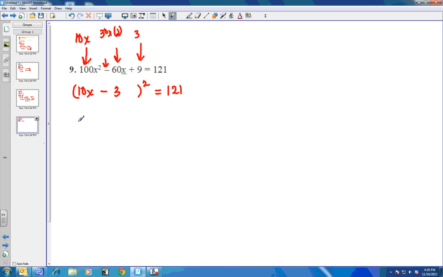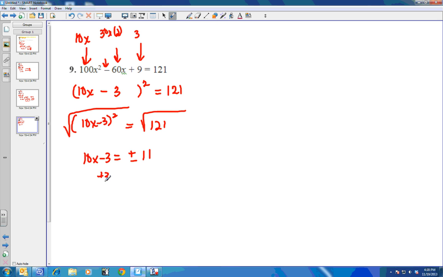So to solve, I'm going to take the square root of both sides. So I have 10x minus 3 equals plus or minus 11. And now I'm going to solve by adding 3 to both sides.